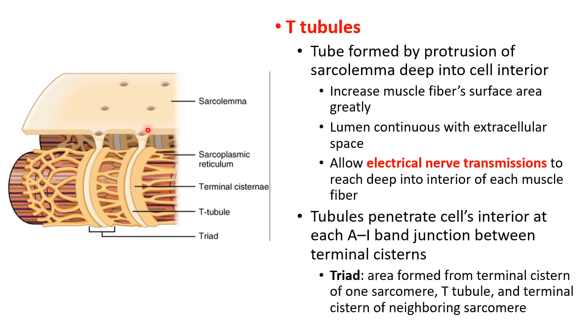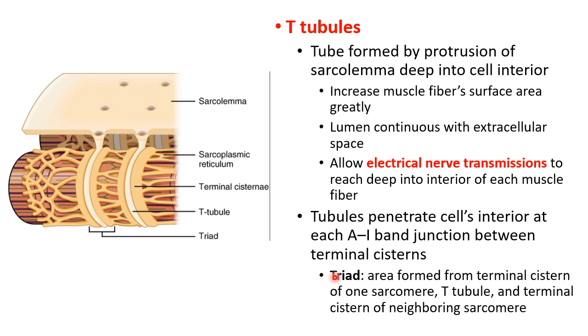Now this is important because the inside of this tube, the lumen of the tube, is continuous with whatever is happening on the outside, the extracellular space. That is important for transmission of your nerve impulse. This is going to allow your electrical nerve impulse to reach inside of your muscle fiber.